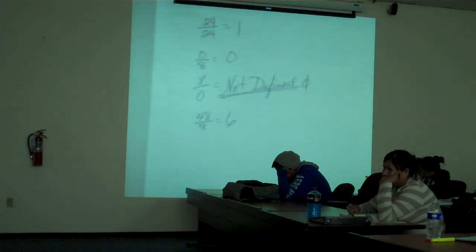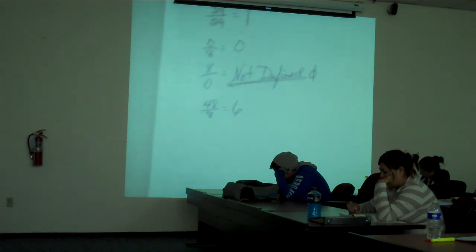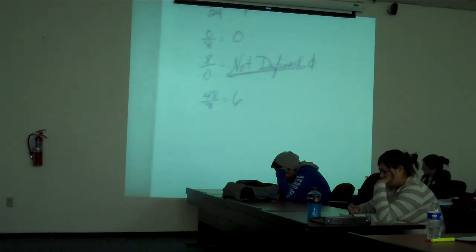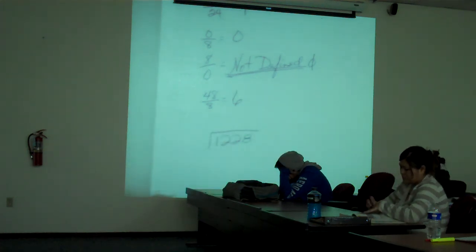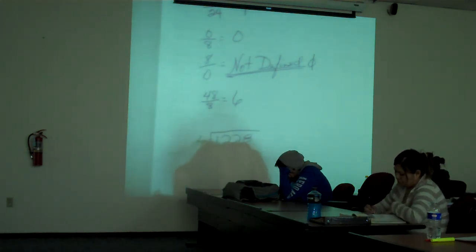Okay, and it may also already be written under a division sign for you. Like starting with 17, they put 1228 under the division sign and a 4 on the outside.